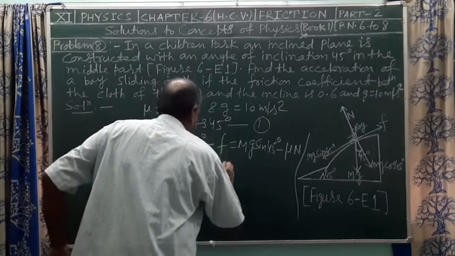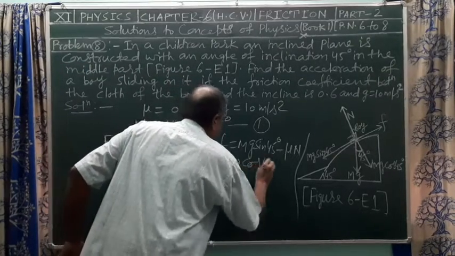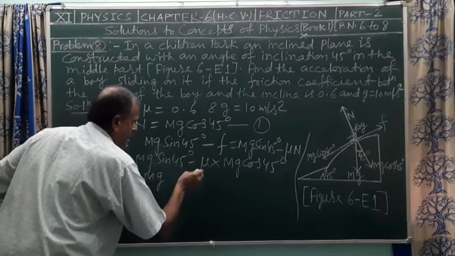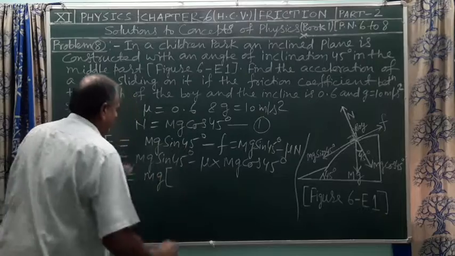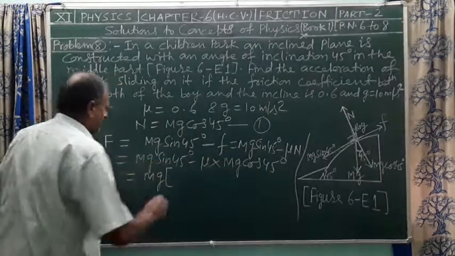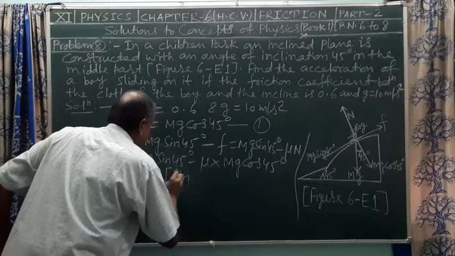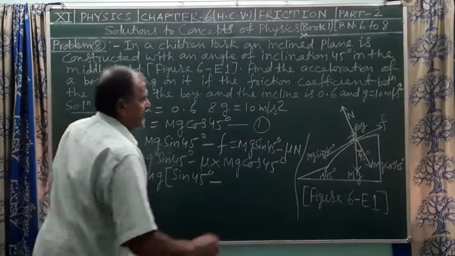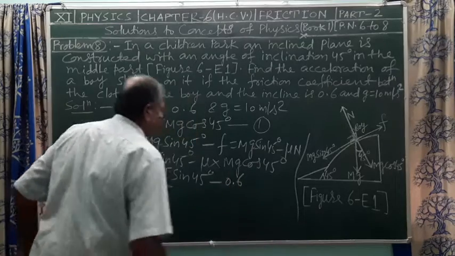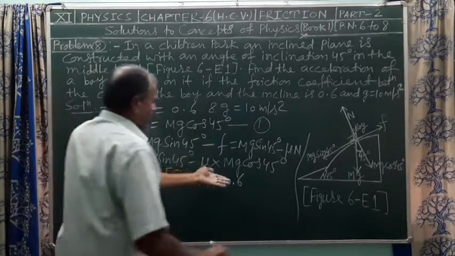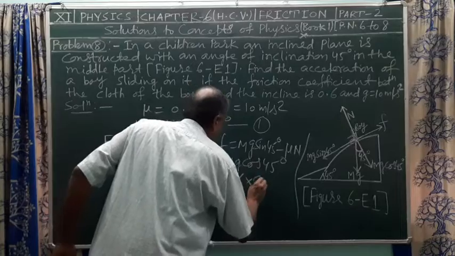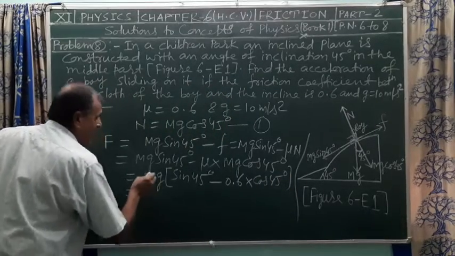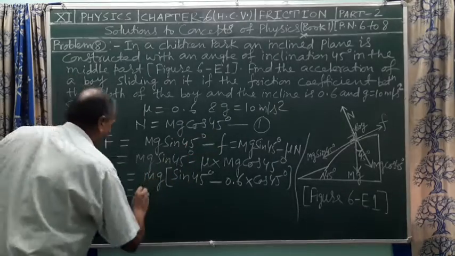So in place of N we can write mg cos 45 degree, and mg can be taken out of the bracket because mg is common. So mg under bracket sin 45 degree minus mu cos 45 degree, and mu is given 0.6. Mass of the body is not given in the problem.